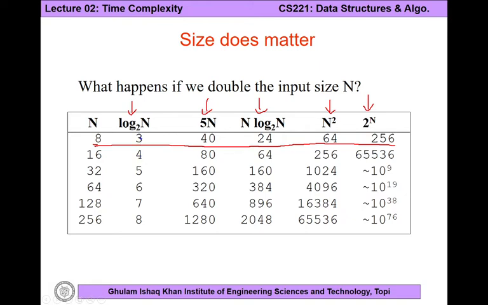It jumps from 3 to 4, no difference. But for the exponential time complexity algorithm, it jumps from 256 to 65,536 by just doubling the size of the input, which is very huge.